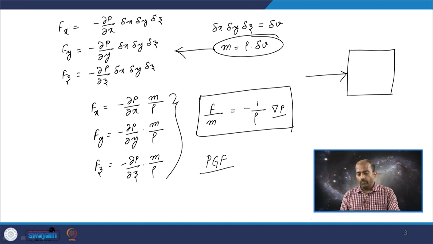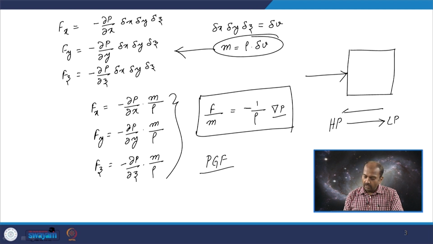A very important example: you have a high pressure system and a low pressure system. There is a reason why there is a minus here. The movement is from high pressure to low pressure, while the gradient is in the opposite direction. So, the direction of force is opposite to the gradient, but proportional to the gradient.